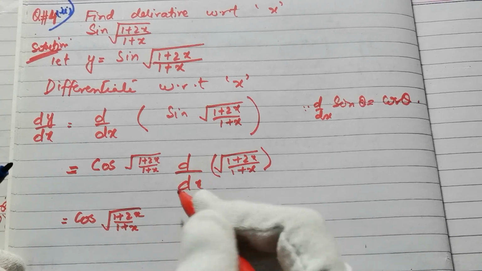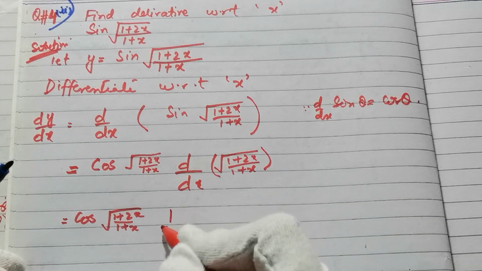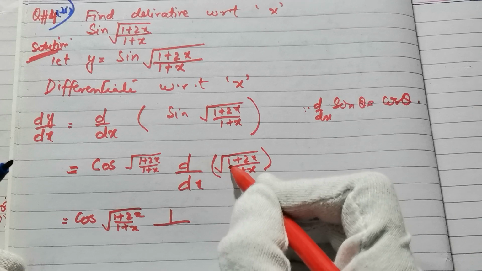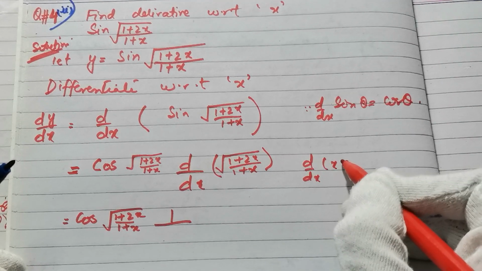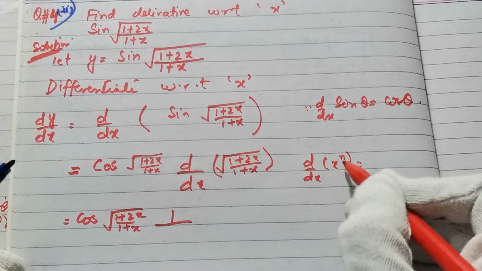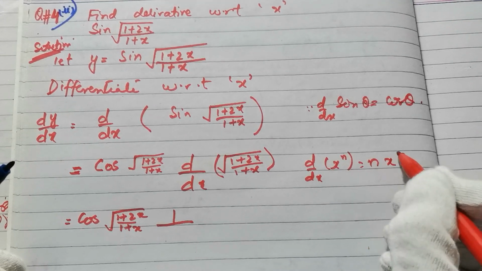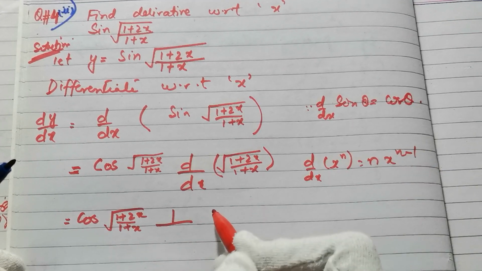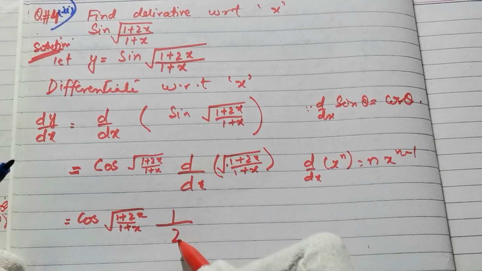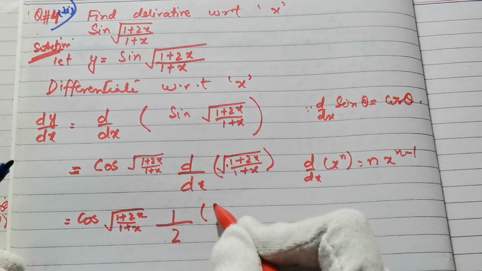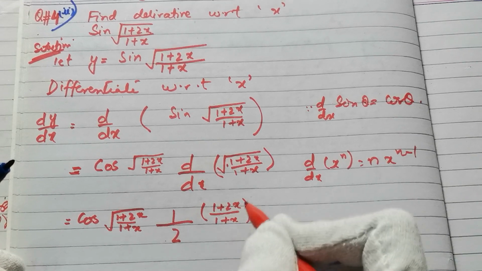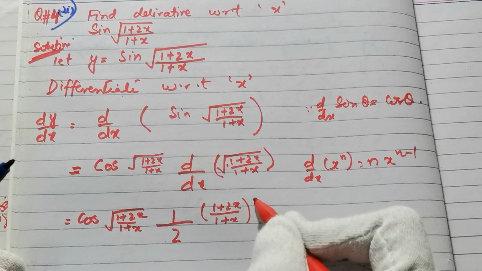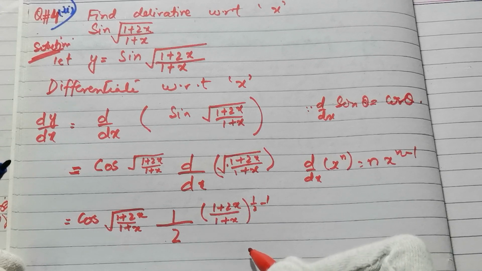The derivative of this term is in the form of x raised to power n. The derivative of x raised to power n is n x to the power n minus 1. Here n is 1 by 2 and x is (1 plus 2x) divided by (1 plus x), so n x to the power n minus 1.